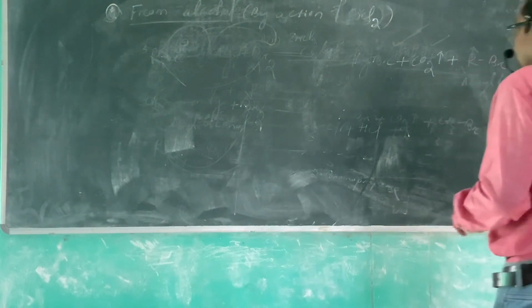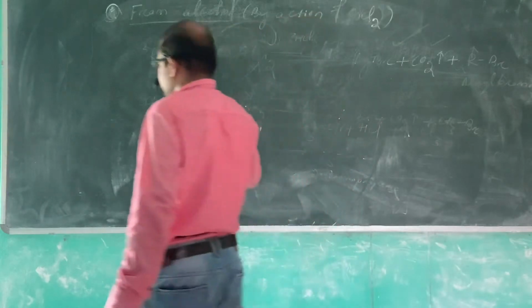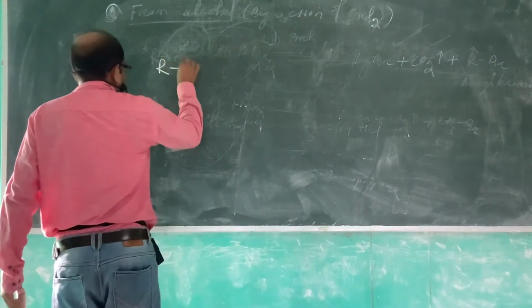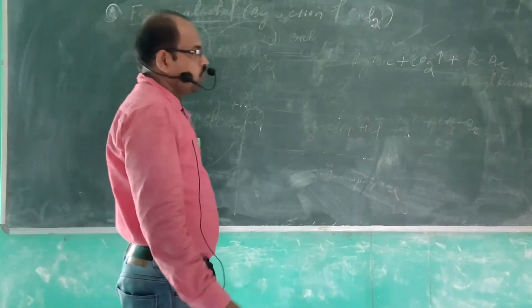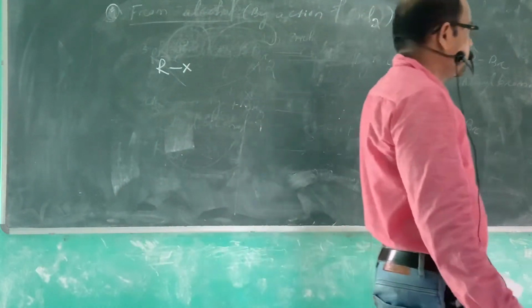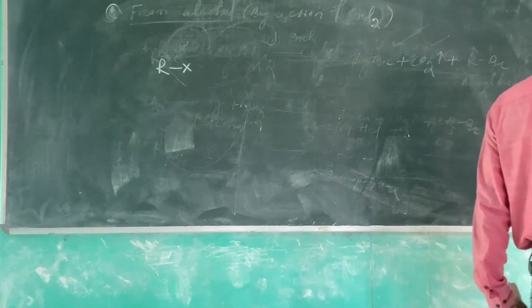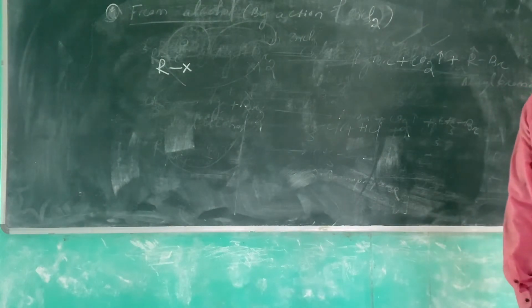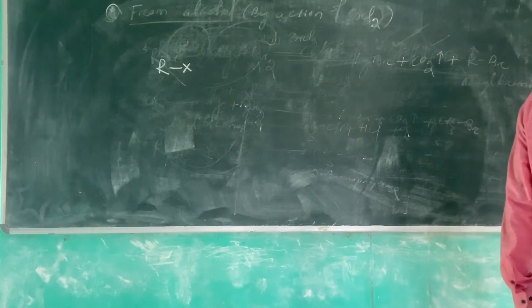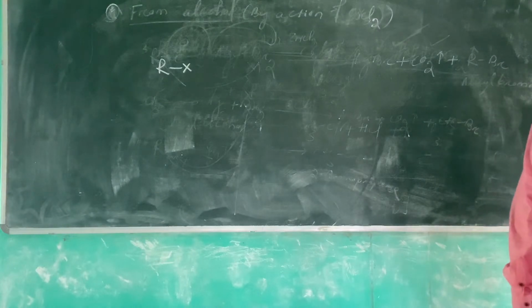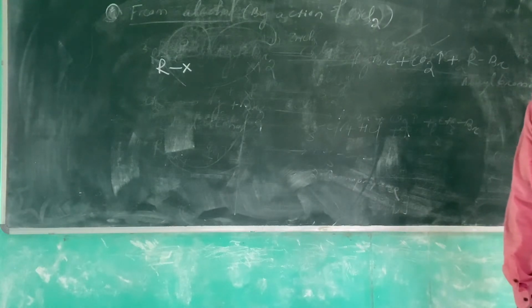When alkyl halide reacts with sodium iodide in presence of dry acetone, it produces alkyl iodide. This reaction is known as Finkelstein reaction.